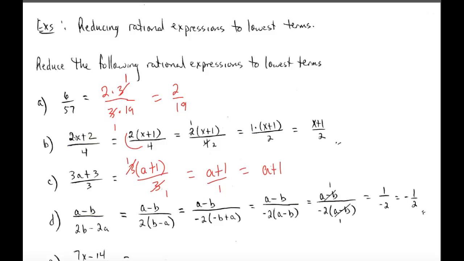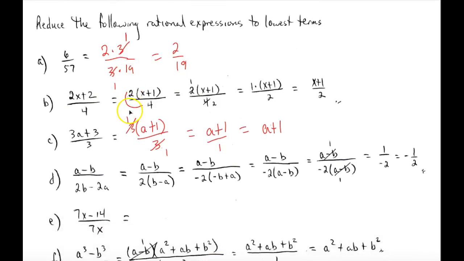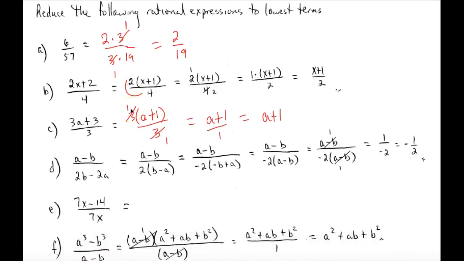All right, so in the next example, what we're doing here is we factor out the common factor of 2 in the denominator. And then from there, you can see we have a minus b in the numerator, but we have b minus a in the denominator. If you notice, they're very similar to one another.